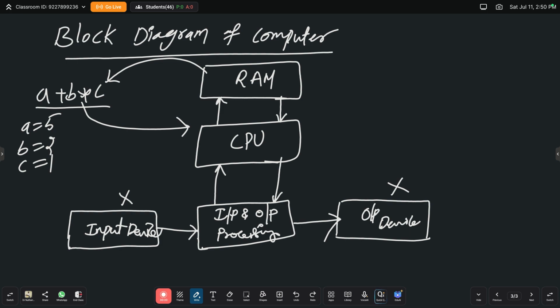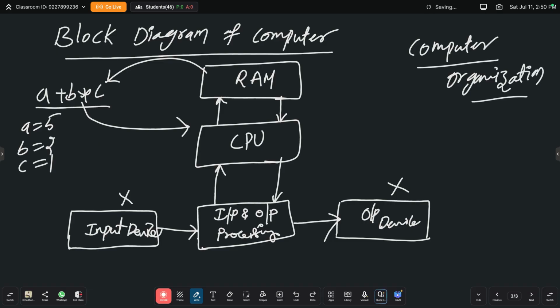Computer organization. Just you should write the definitions. After understanding the block diagram of a digital computer, this is a digital computer, correct?